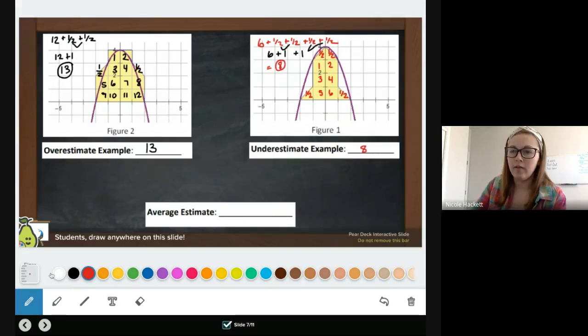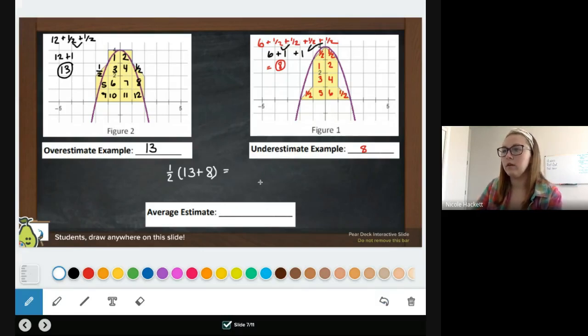So to get our average estimate here, I'm going to find half of 13 plus 8. So 13 plus 8 is 21. We're going to put our half out there first.